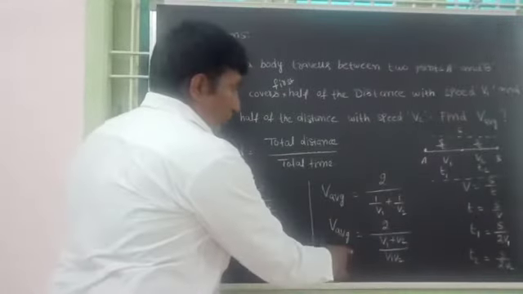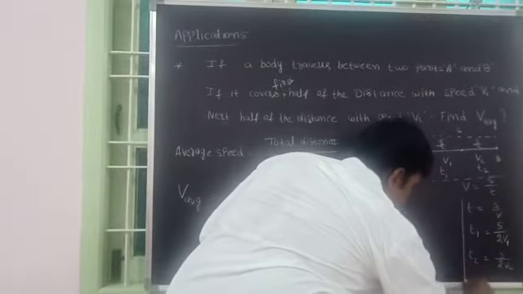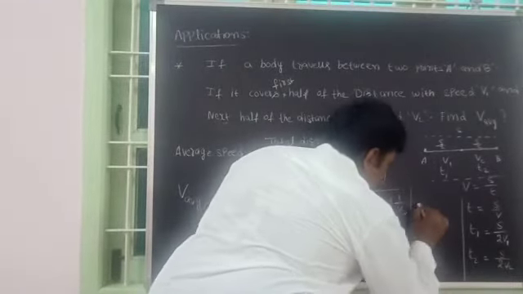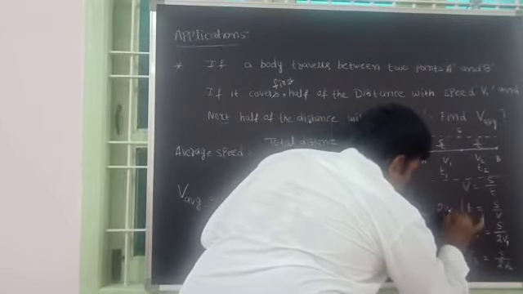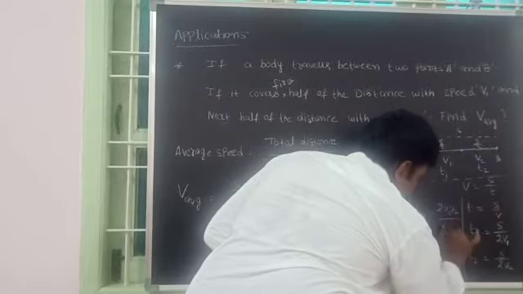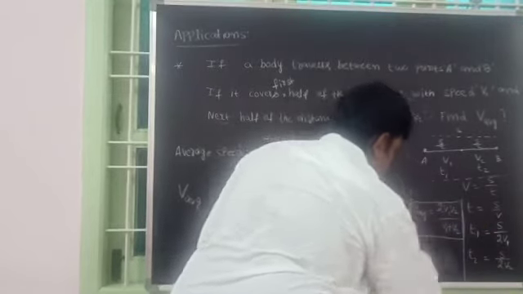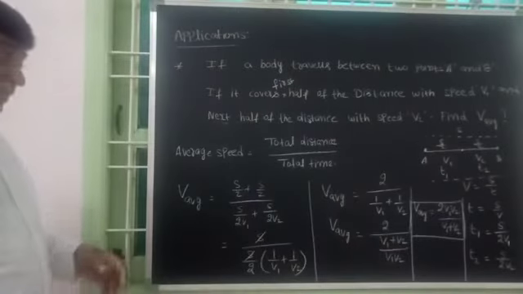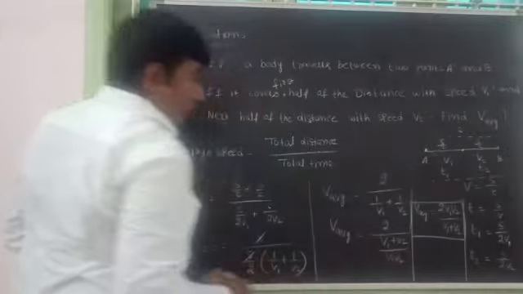So the final equation is V average equals 2v1 v2 by v1 plus v2. That is the final equation we have written: 2v1 v2 by v1 plus v2.